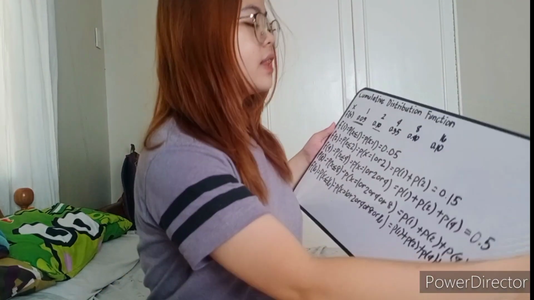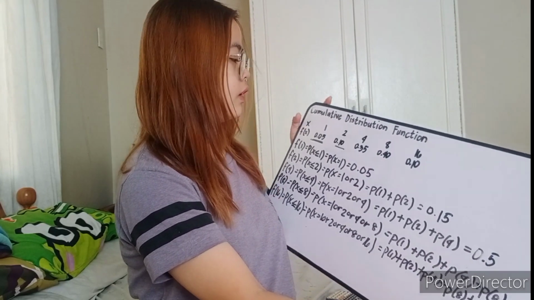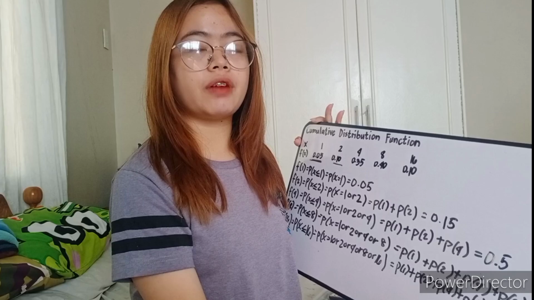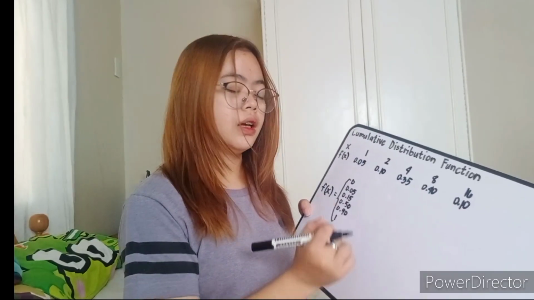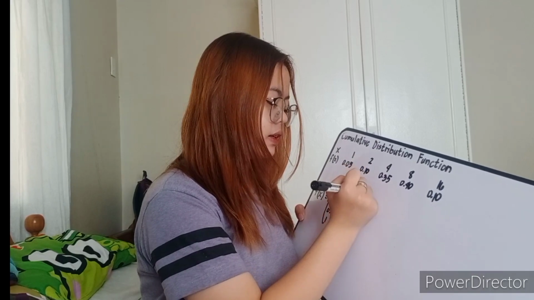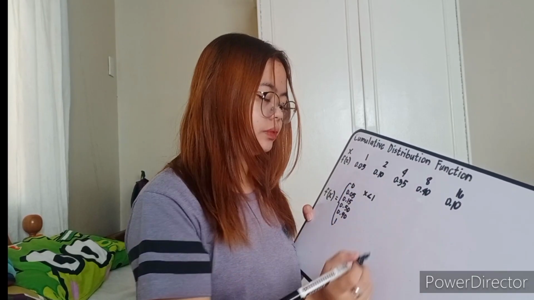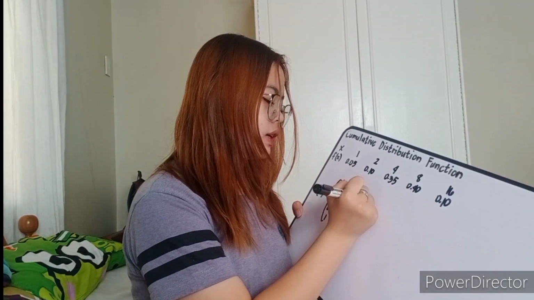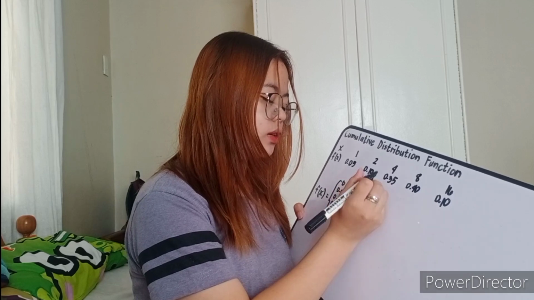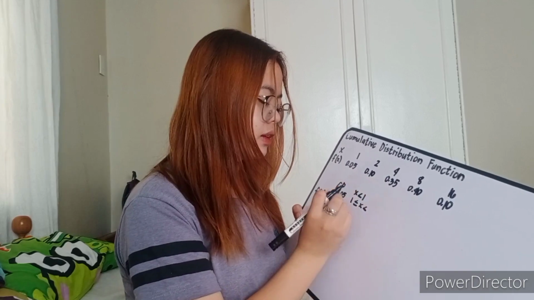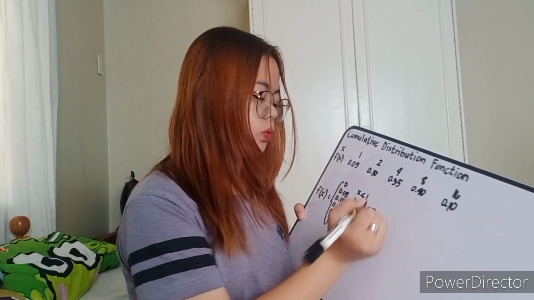For any random variable X or yung value ng X natin na ibibigay, ang magiging probability niya ay yung pinakamalapit na value to the left. Para sa 0, let's say X is less than 1. For 0.05, 1 is less than or equal to X but less than 2.